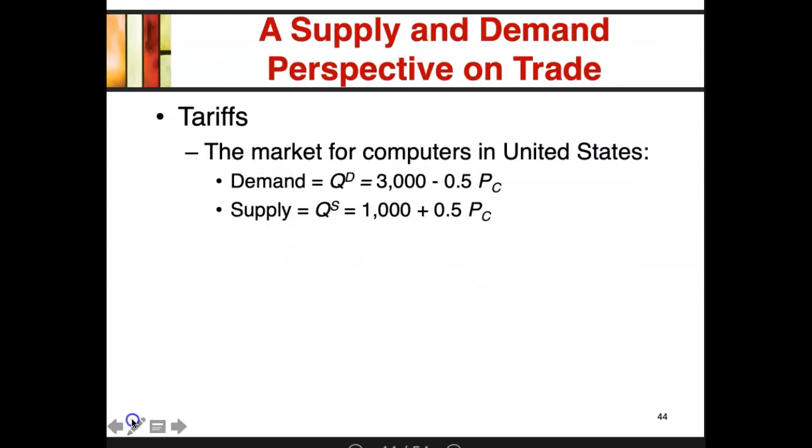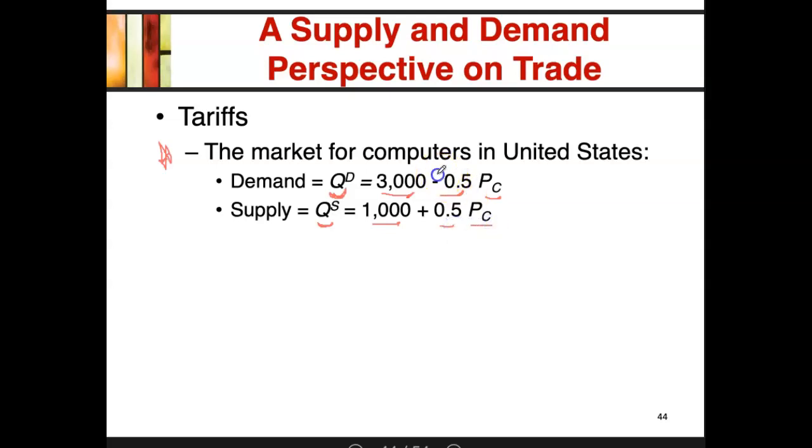So with the algebra, I'm just going to go through it slowly, okay? So we have the market for computers in the United States, okay? We have the quantity demanded equation, which is given by QD equals 3,000 minus 0.5 PC, where PC is basically the price of computers, right? And we have the quantity supplied equation, which is basically QS equals 1,000 plus 0.5 PC.